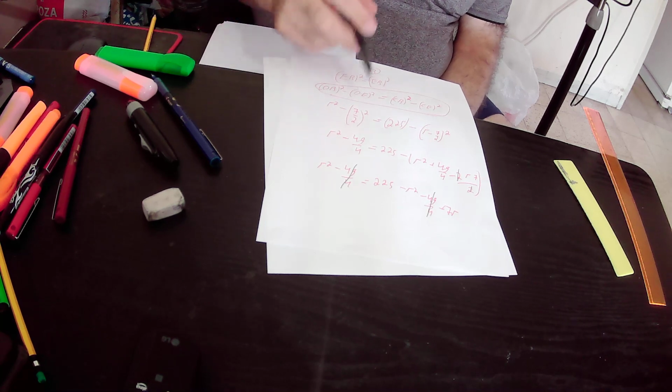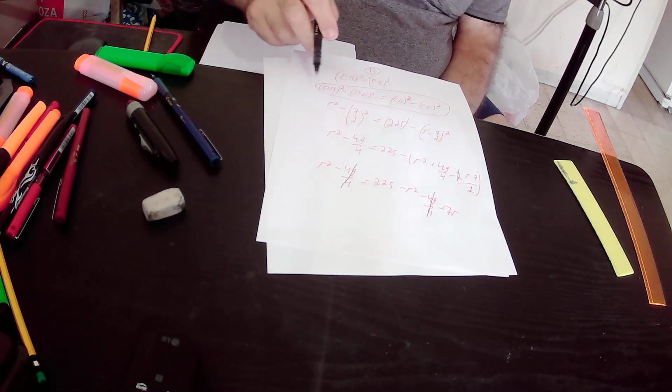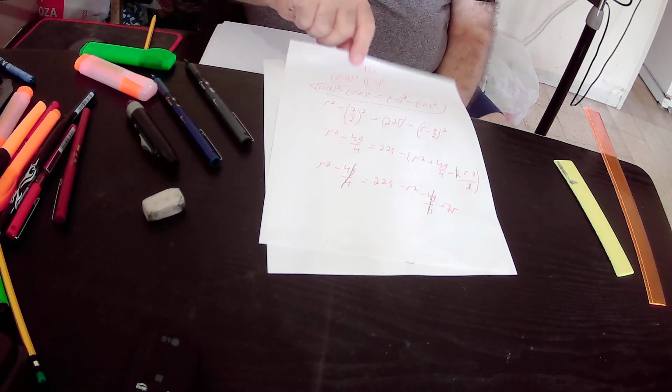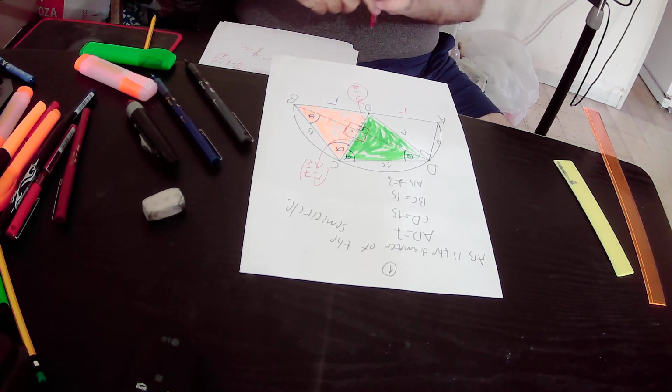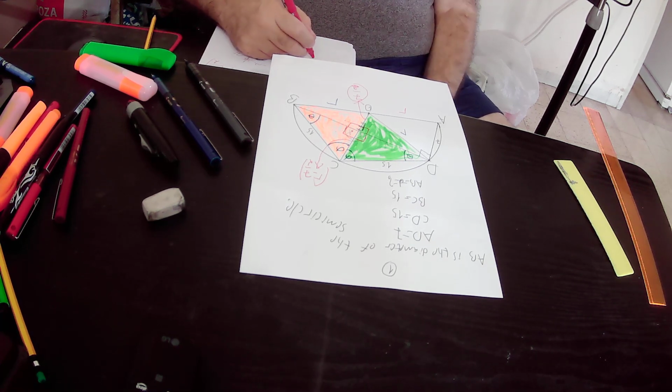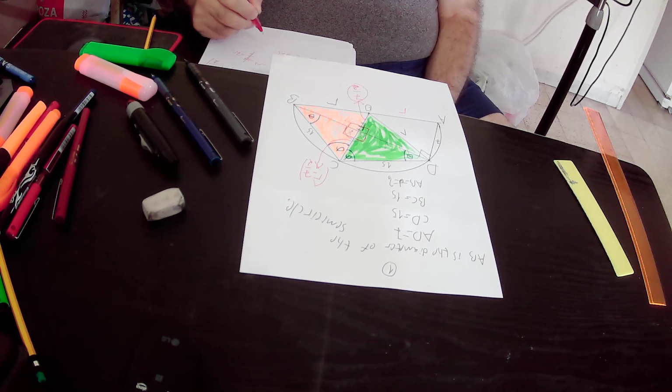And here we will add r squared to this equality, and we will get that r squared plus r squared equals to 2r squared equals to 225. R squared minus r squared is 0 plus 7r.